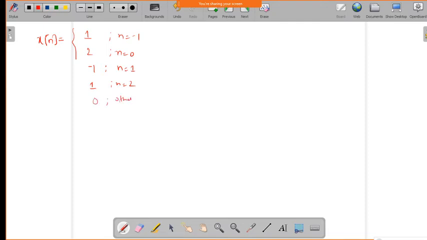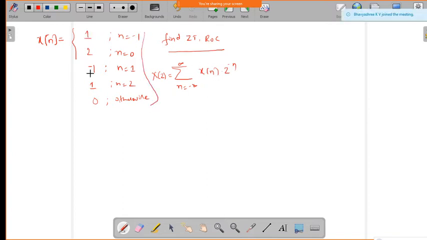This discrete sequence is given, now find its z transform and ROC. Take the equation x of z, which is the sum for n from minus infinity to plus infinity of x of n into z power minus n. Put in the corresponding n values and the corresponding x of n amplitude values, then you will get x of z.